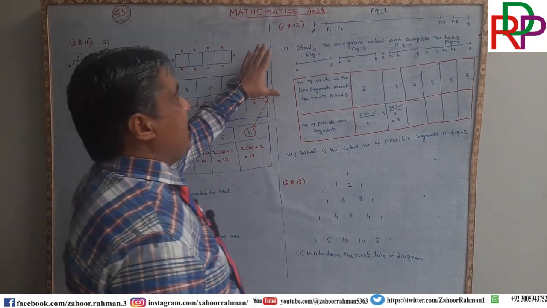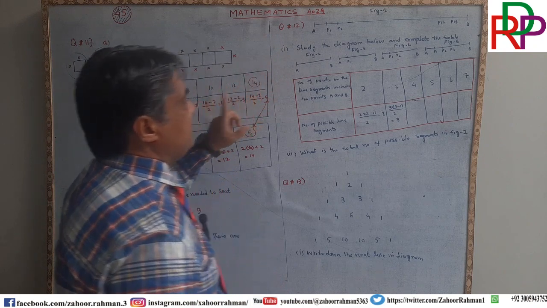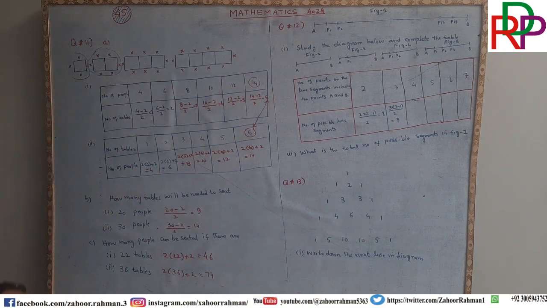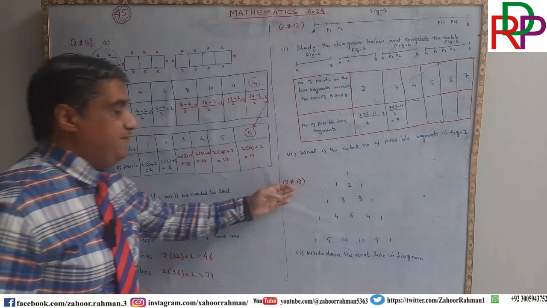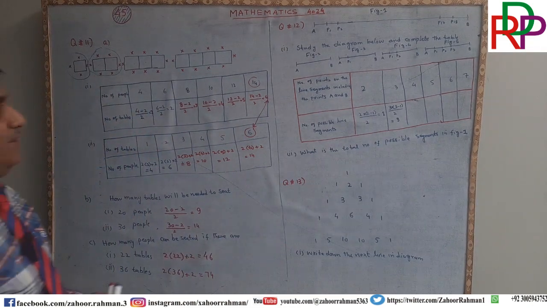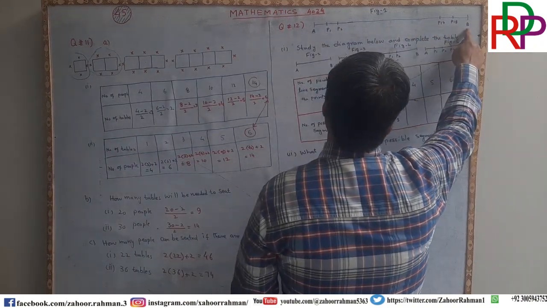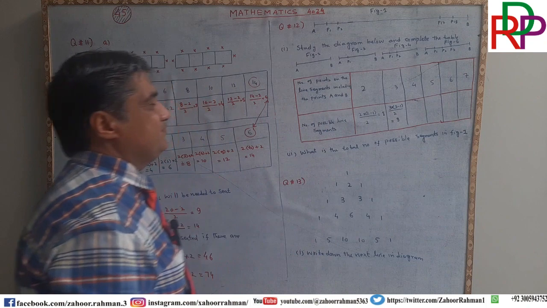Now let us turn our focus to question number 12, which is the last question of intermediate level. Then we will turn our focus to advanced level. Ladies and gentlemen, they have given us a line segment AB.